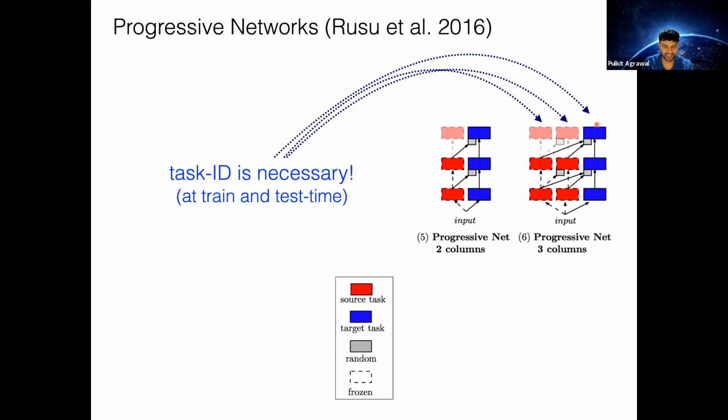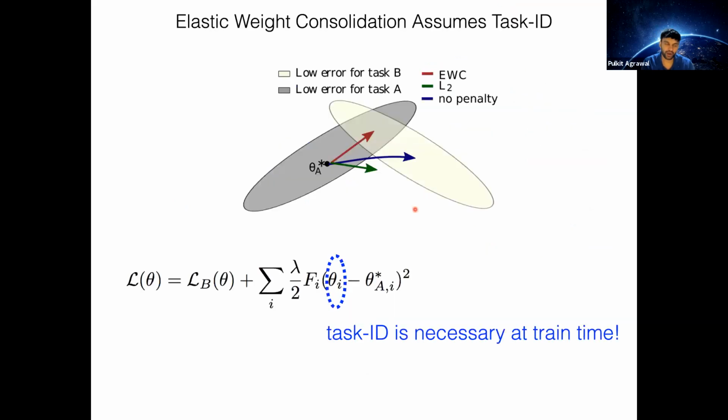So progressive networks require task ID everywhere. Now, elastic weight consolidation requires task ID at training time, but not at test time, because at test time I have a set of parameters which works for a bunch of tasks. But I do require task ID at training time.